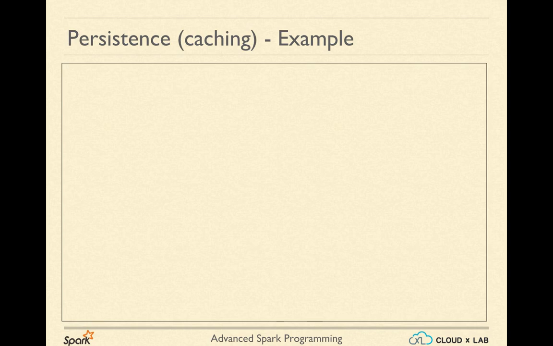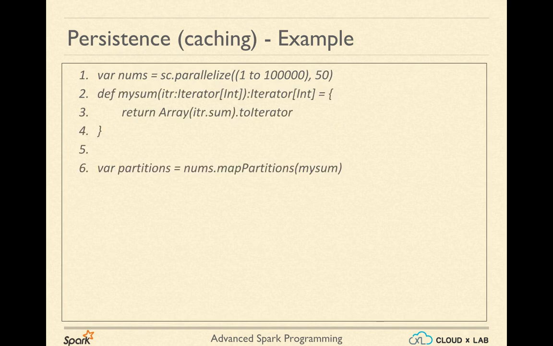Let us take a look at the following code in order to understand the caching. Create an RDD of numbers from 1 to 100,000 with 50 partitions. Now, say we are creating another RDD, partitions, by summing up the values of each partition of nums RDD.